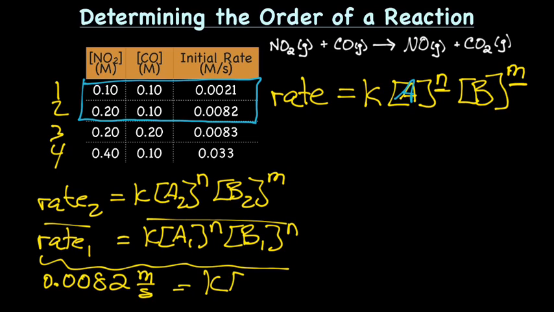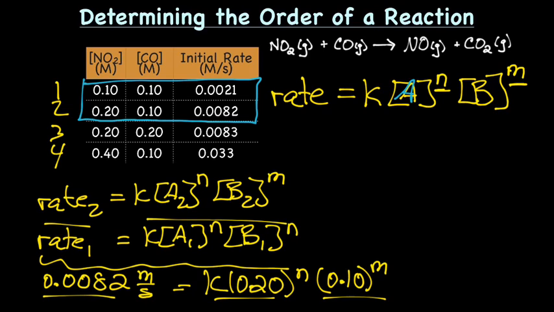Our concentration of NO2 is 0.20, to the N, and our concentration of CO is 0.10 to the M.